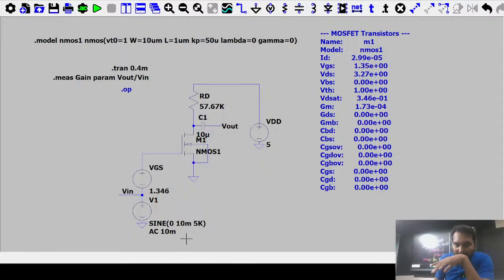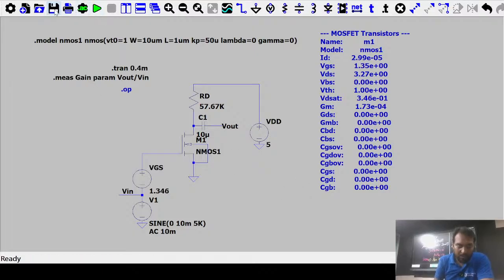So this AC is 10 millivolt, and I am trying to determine what V out is. I am interested in determining the operating point. On the basis of the operating point and the transient, I can figure out what is happening.